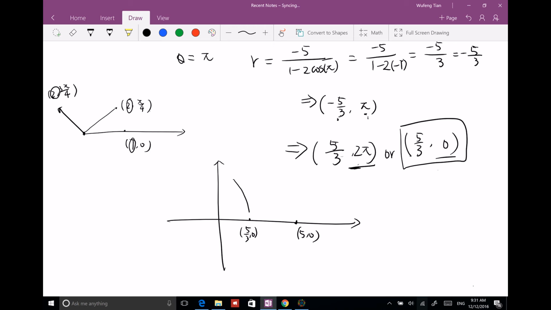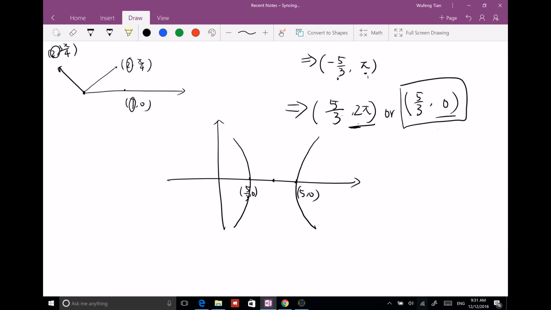And then this is a vertex. You graph it. It's like this. Okay? You can do more work based on this picture because you can tell the center is 5 plus 5 over 3, divided by 2, which is 15 over 3 plus 5 over 3 divided by 2, which is 20 over 3 divided by 2, which is 10 over 3.